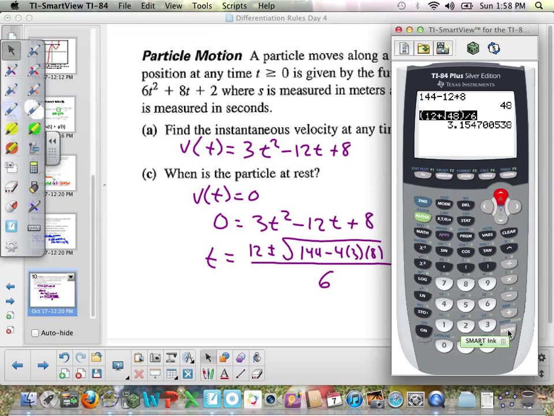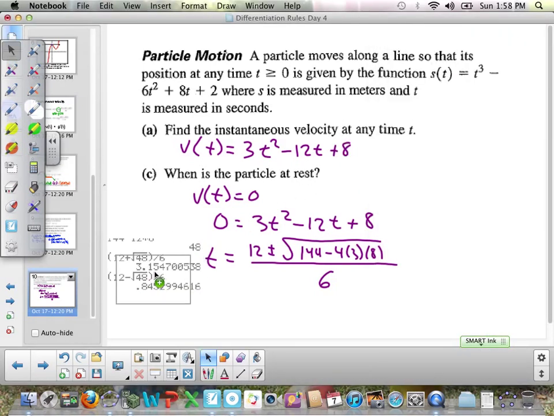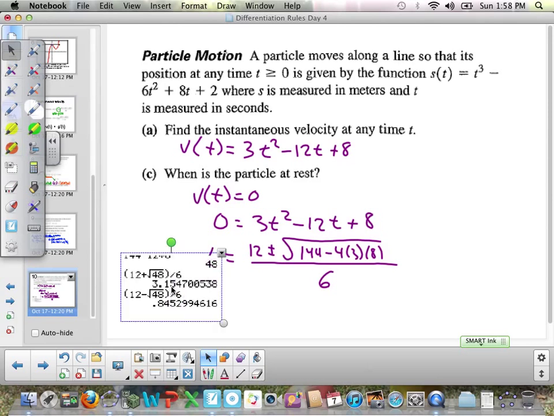Let's go back up and grab that same equation and change our addition to subtraction. And we got 0.845 seconds. So the two times that this particle is at rest are 3.155 seconds and 0.845 seconds.